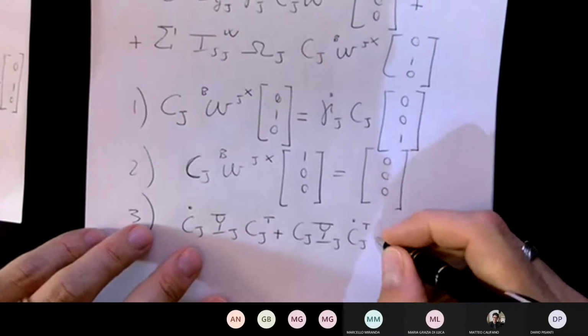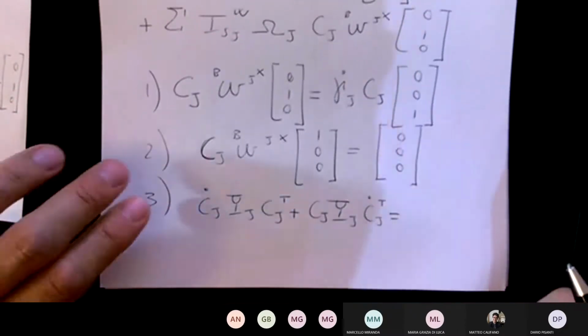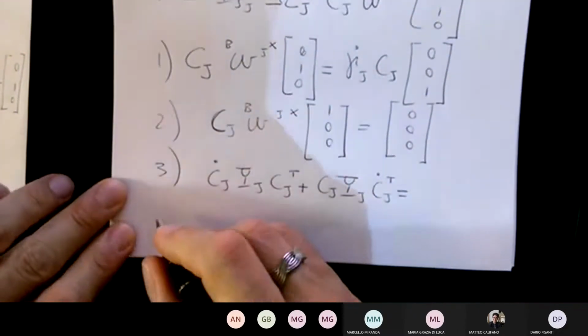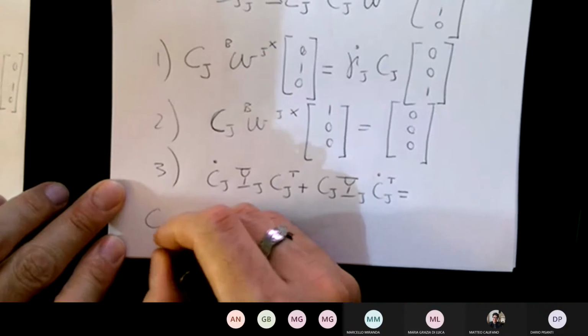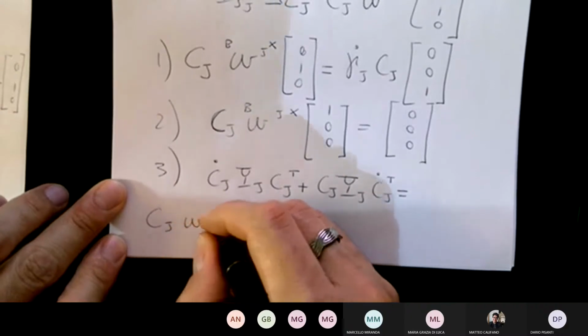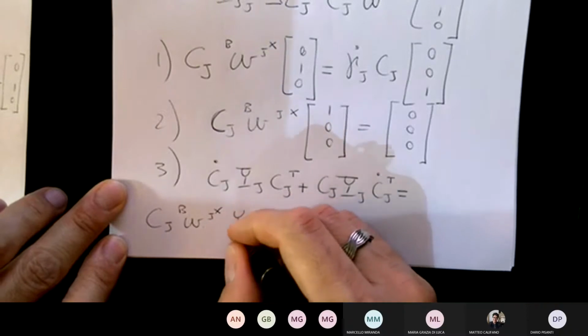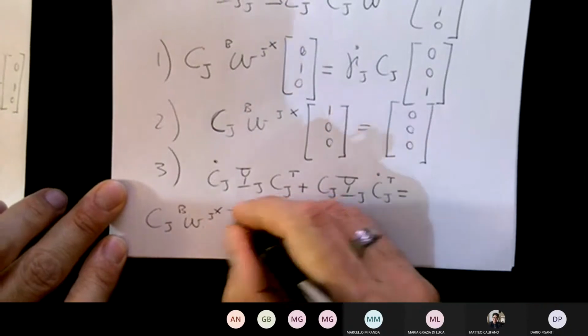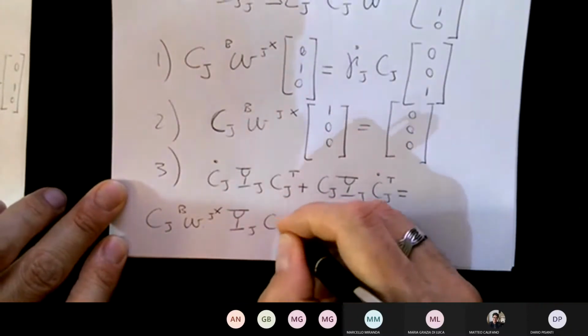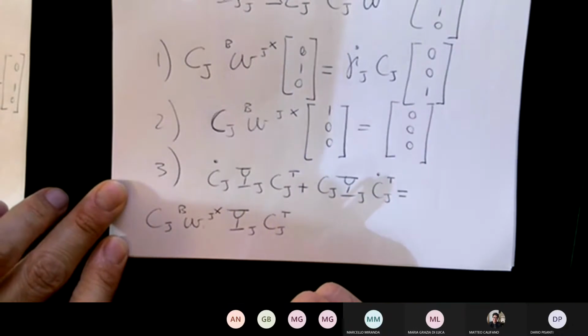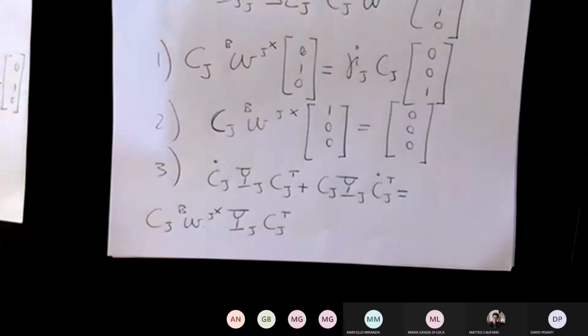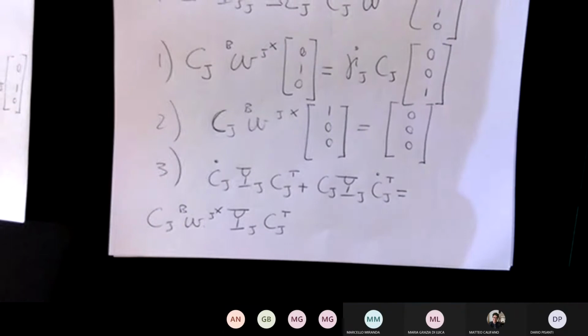Well, we did write already that this is equal to, let's see, Cj omega j with respect to the body skew symmetric matrix, Yj. No, we didn't write this. I'm writing it now. Cj transpose. So do we agree with this?